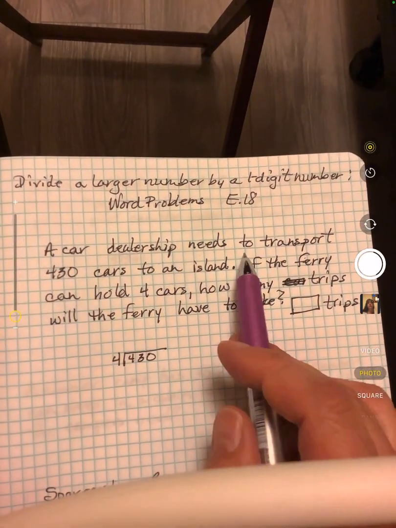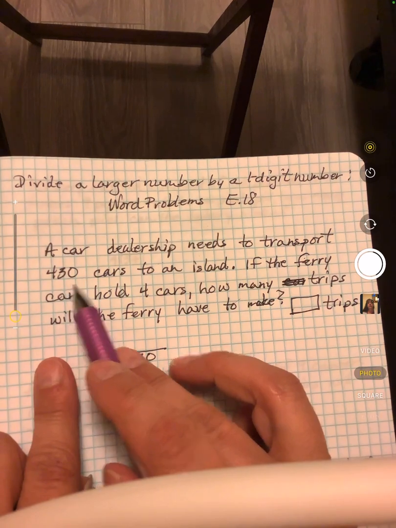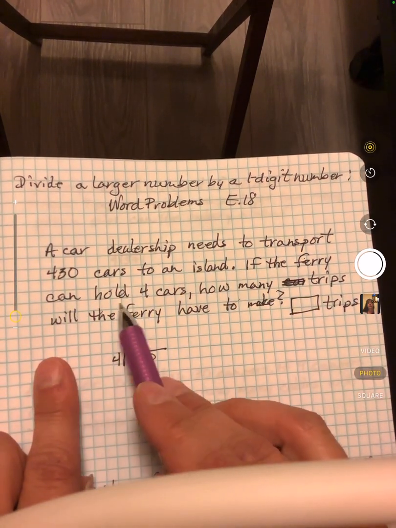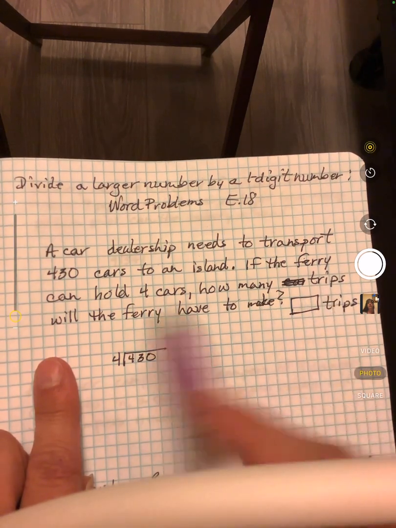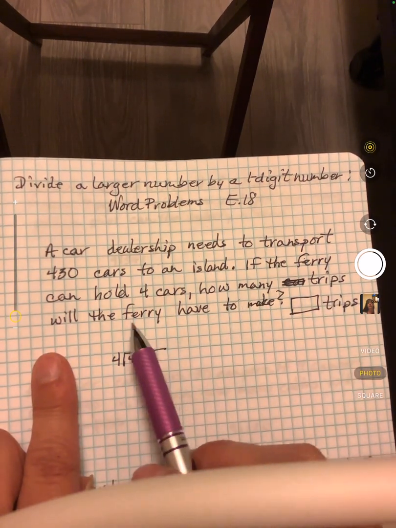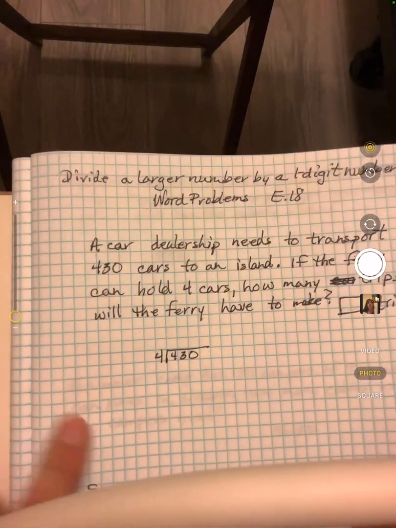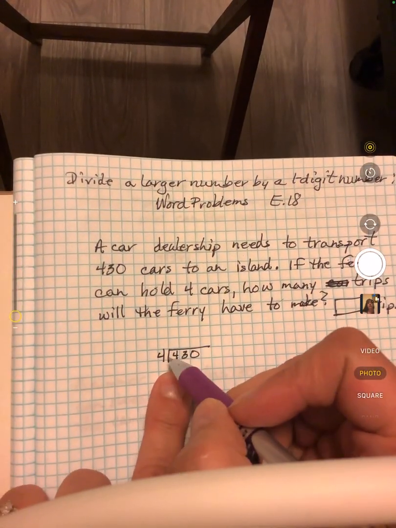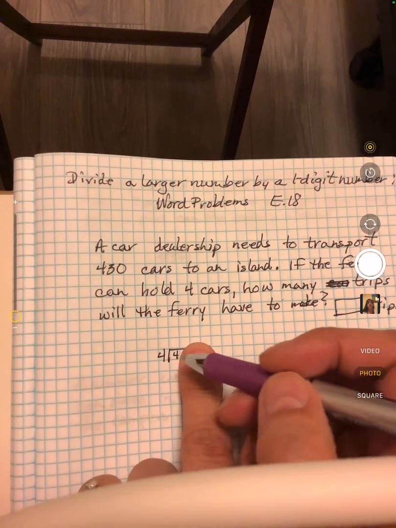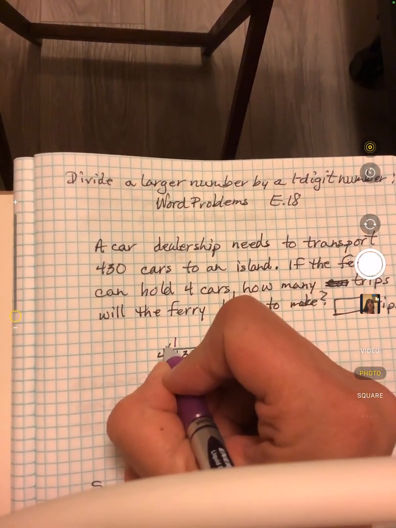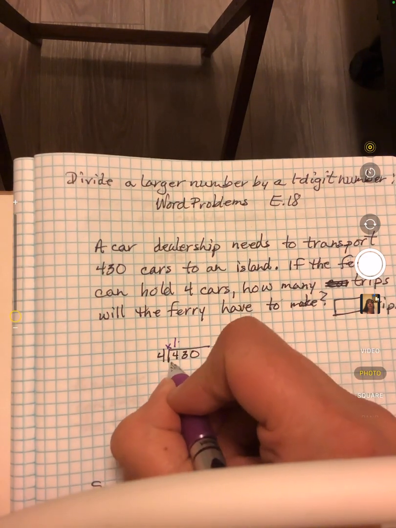A car dealership needs to transport 430 cars to an island. If the ferry can hold 4 cars, how many trips will the ferry have to make? Okay, so now this one gets just a little bit tricky, but let's divide it first. 4 divided by 4. I can do that one time. 1 times 4 is 4.